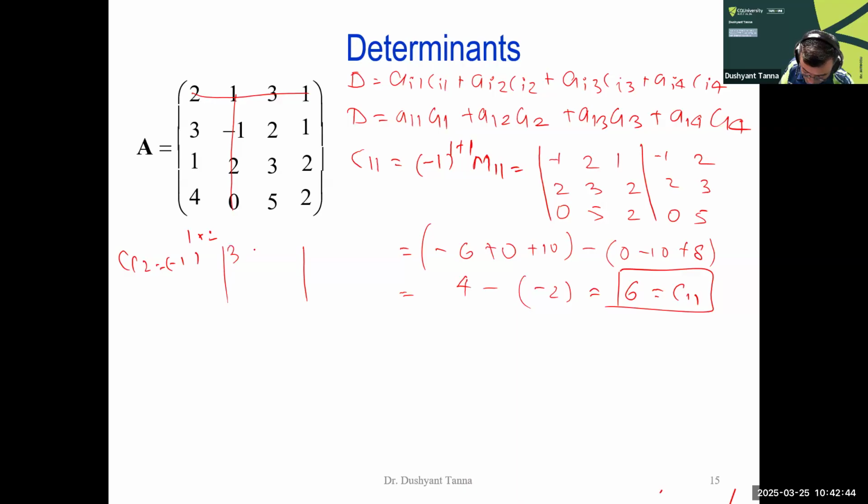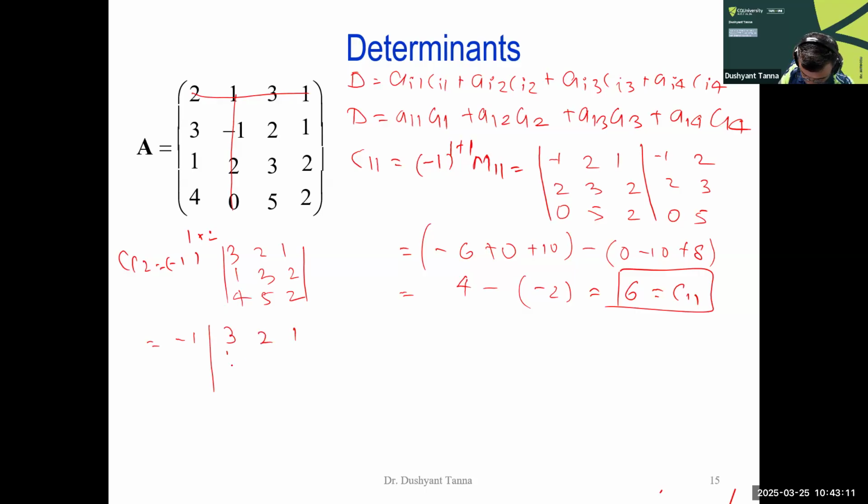So that will be 3, 2, 1, 1, 3, 2, 4, 5, 2, and that's a minus. Now I don't want to confuse you, but there is another way of expanding the determinant as well, a bit quicker, but let's stick to what we have learned.